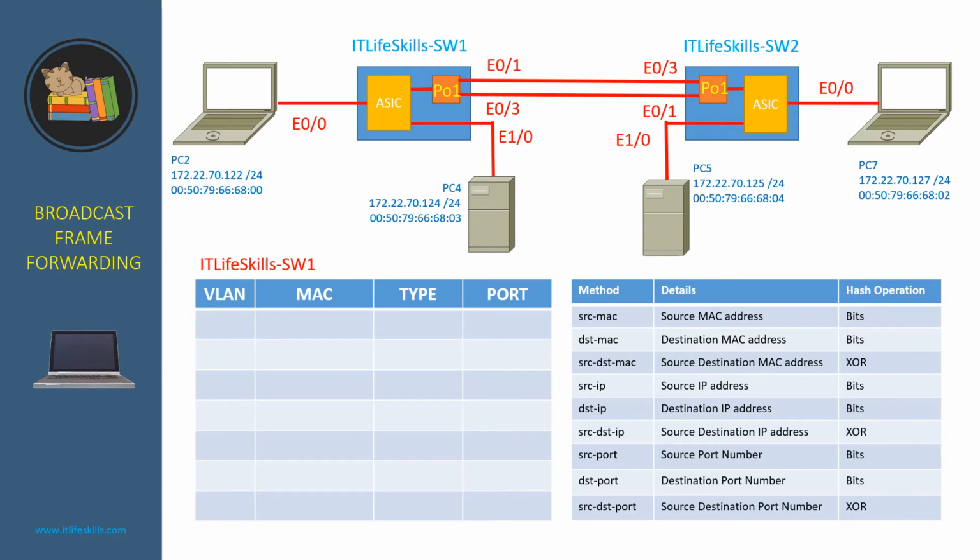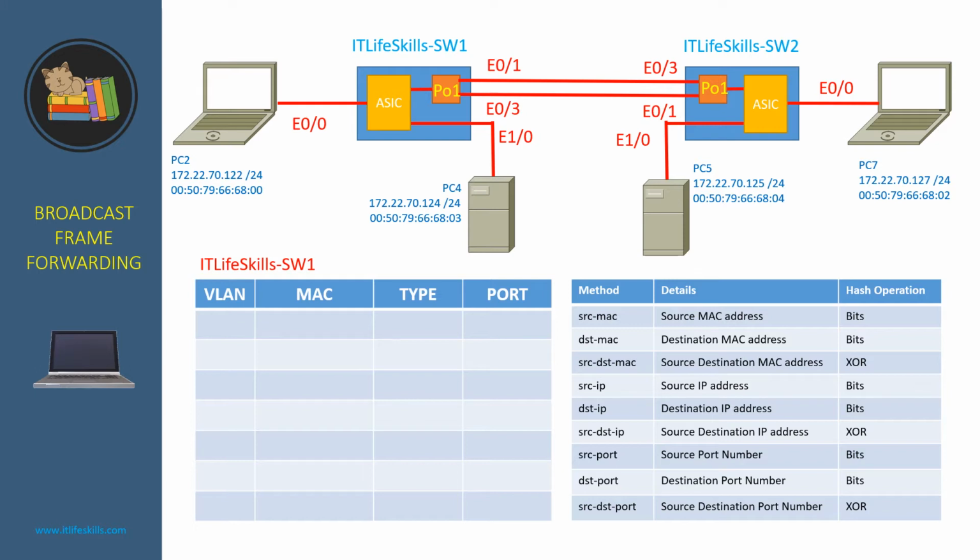Let's assume the ARP caches in PC2 and Switch 1 both expired. To send IP packets to PC7, PC2 must send an ARP request, which is a broadcast frame, to find the MAC address of PC7.